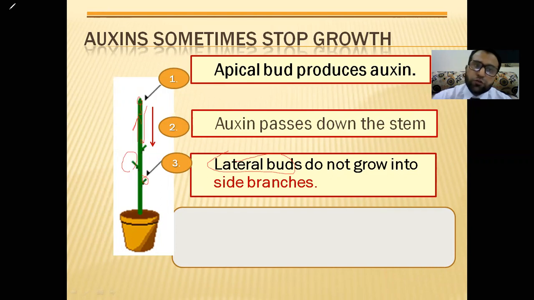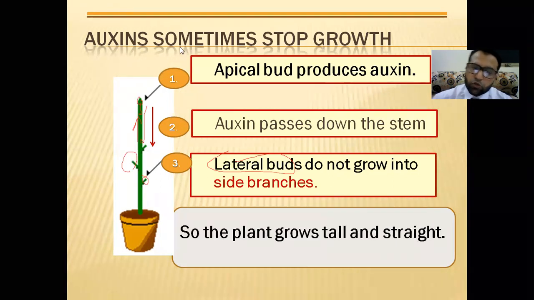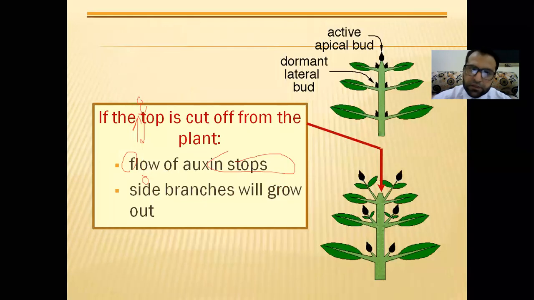Okay, so the plant grows tall and straight because of auxin, as auxin stops the lateral buds. Now if the top is cut off from the plant, what will happen?